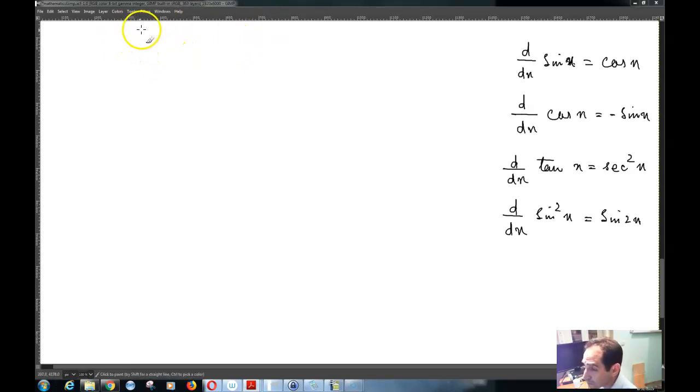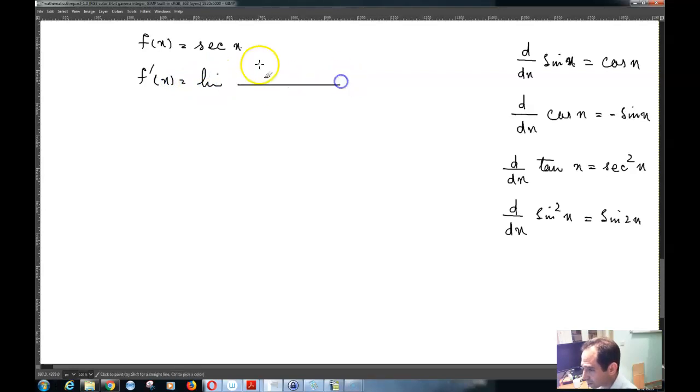Now if f of x is equal to secant x, then if you want to use the first principle, f prime of x would be equal to the limit of f of x plus h minus f of x over h as h tends to 0.